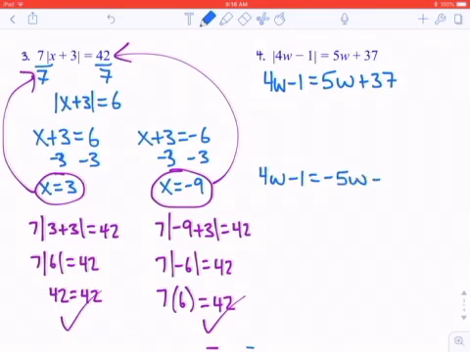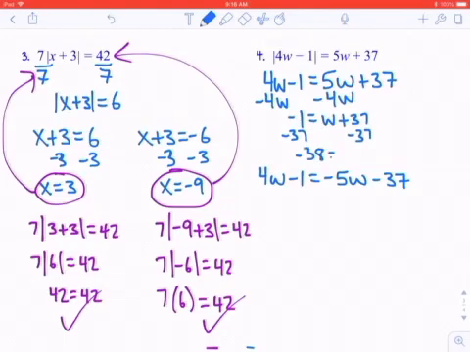So make it a negative 5w and a negative 37. So we have 4w and 5w. I'm going to move the 4w to keep it positive. So I get negative 1 equals w plus 37. And then if I subtract 37, I get negative 38 is a possible value for w.